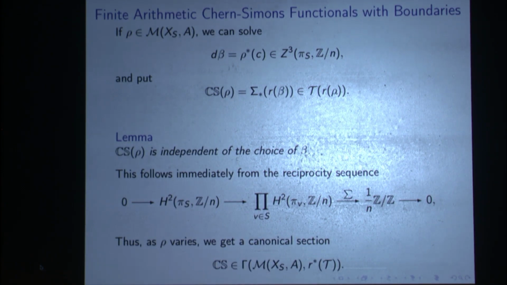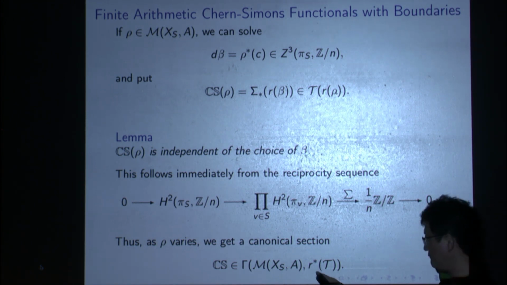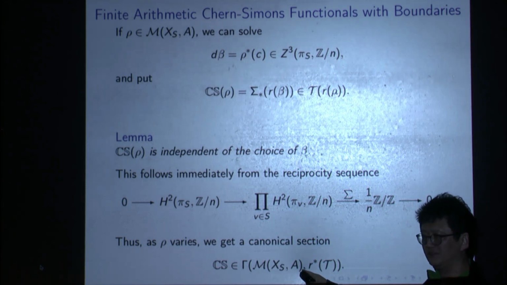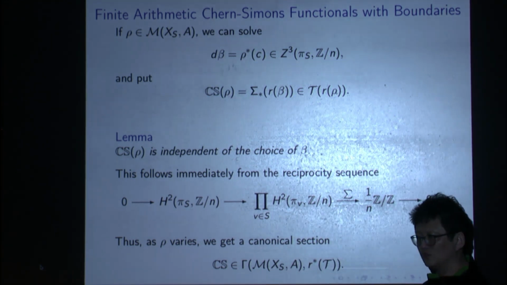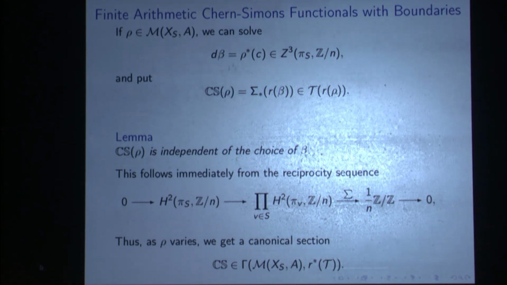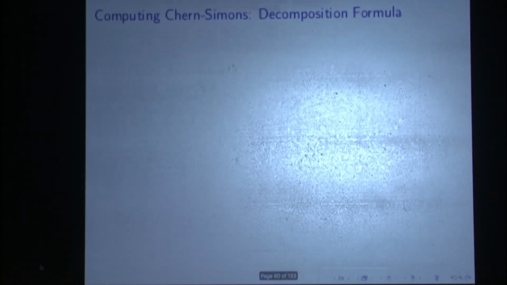So what we are getting is a canonical section, over the global moduli space of representations, of the torsor over the local moduli space pulled back by the restriction map, as you get in topological Chern-Simons theory.